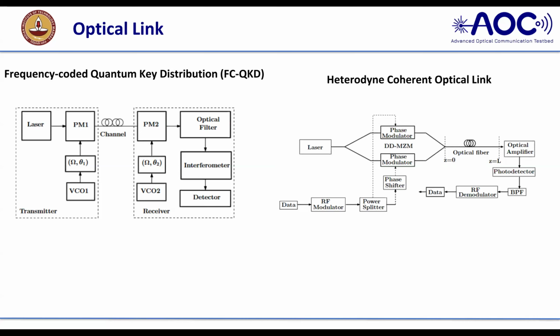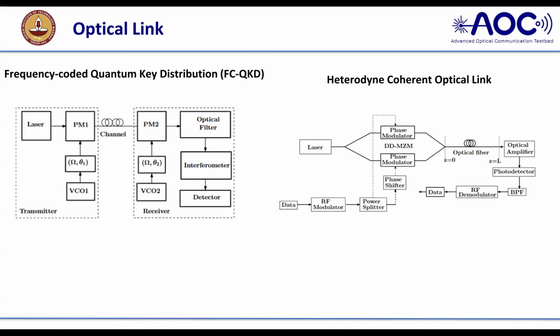Why it will not stay, I will explain in the heterodyne coherent optical link. But let us see the example here. We have a laser, we have a phase modulator, and we have the RF source, VCO1, that is the RF oscillator, and we are giving the data with respect to theta1.